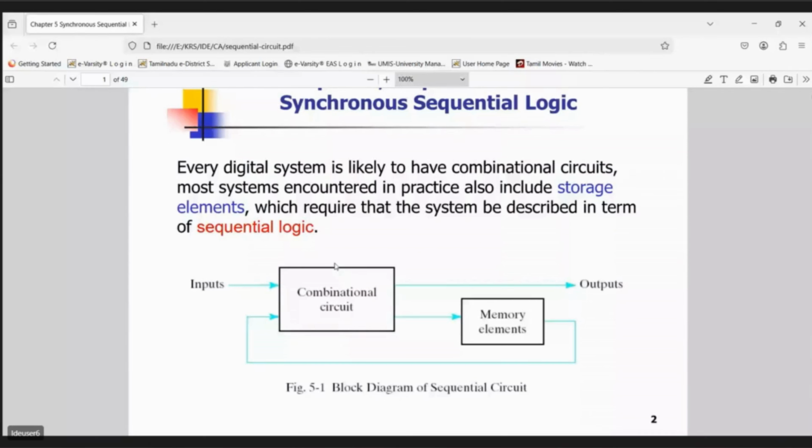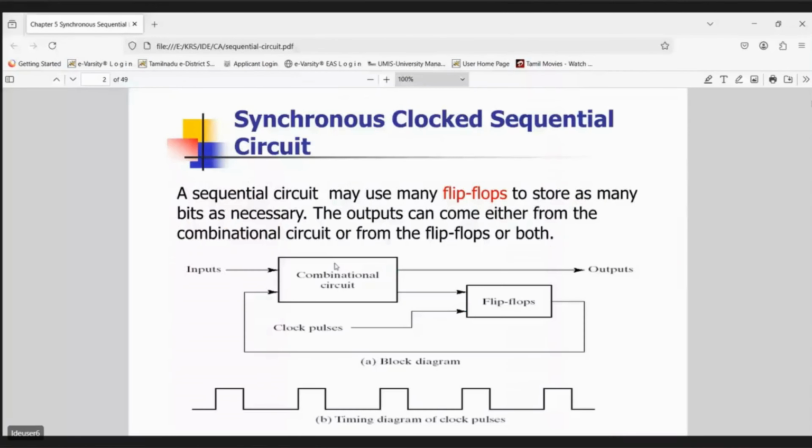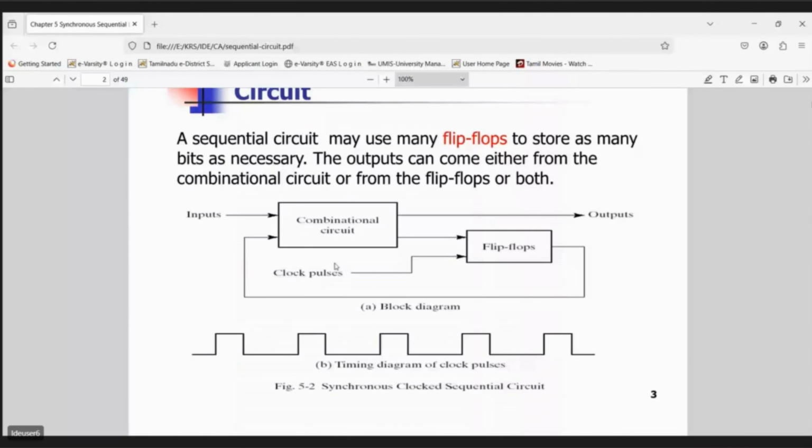It's a clocked sequential circuit. A sequential circuit may use many flip-flops to store as many bits as necessary. For example, if you use 2 flip-flops you can store 2 bits of information, 4 flip-flops 4 bits, 8 flip-flops 8 bits. Maximum size is 8 bits.